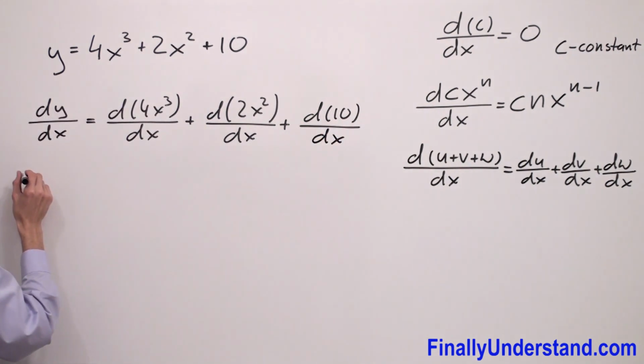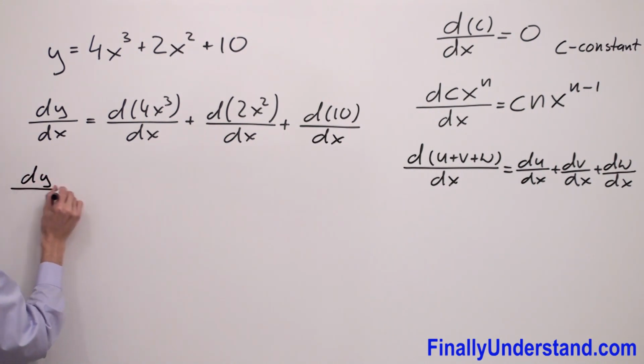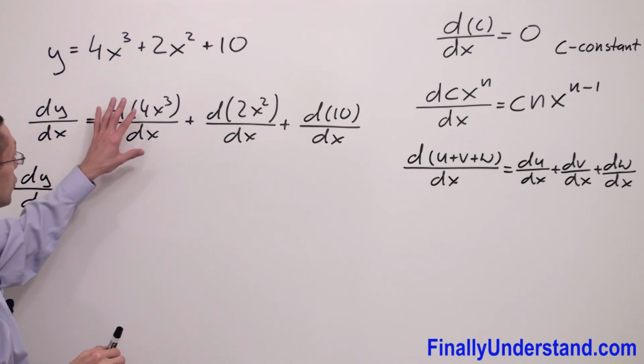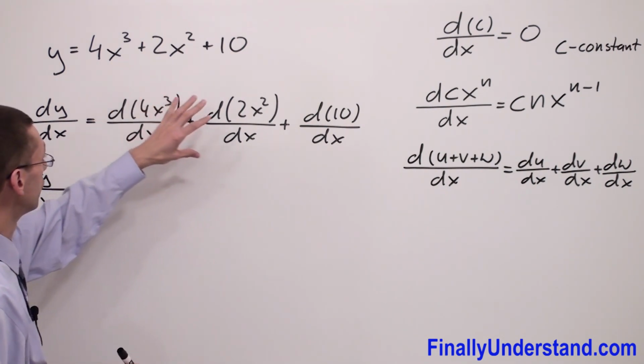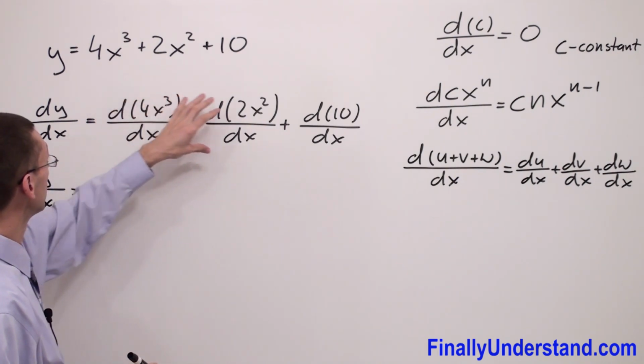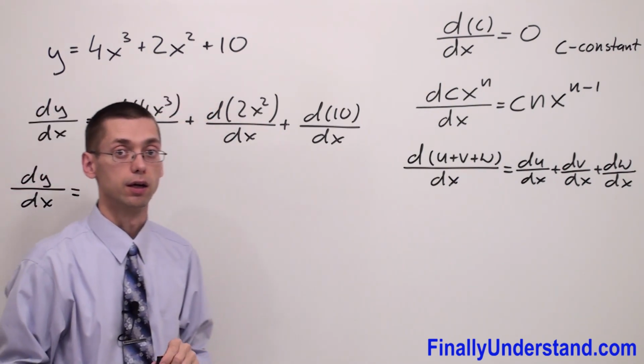Okay, so I have dy over dx is equal. Now we're supposed to find the derivative of each single term in my original function.